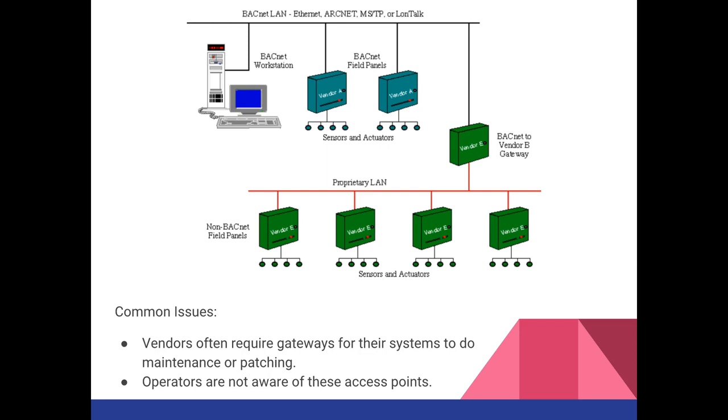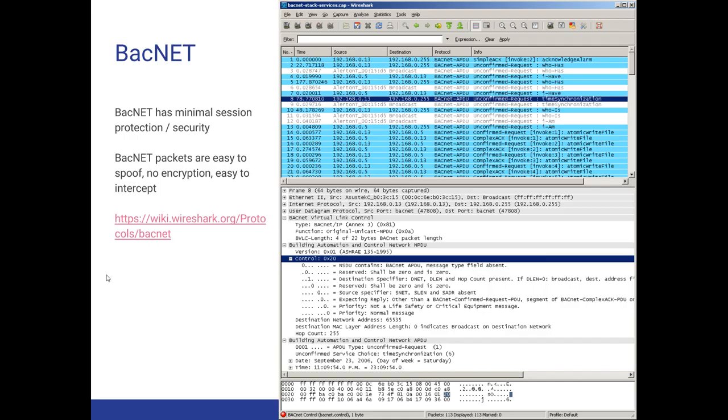Operators are often, in the vast majority of cases, not aware of these access points that are added to their networks, and they do pose a theoretical vulnerability, or hole in your attack surface. So this is something that people should in general be aware of, especially Fortune 1000 companies.